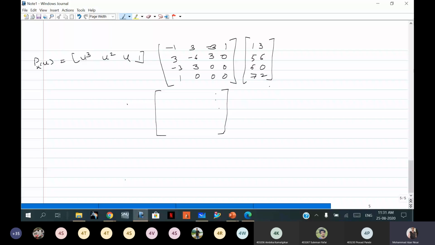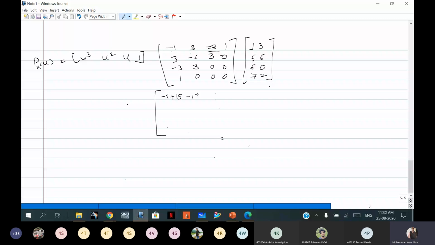So 3 into 5 becomes plus 15. Then -3 into this 6 is minus 18. Then 1 into 7, so plus 7.